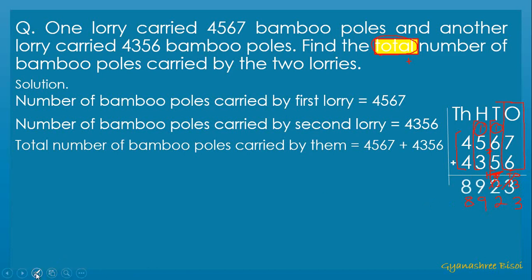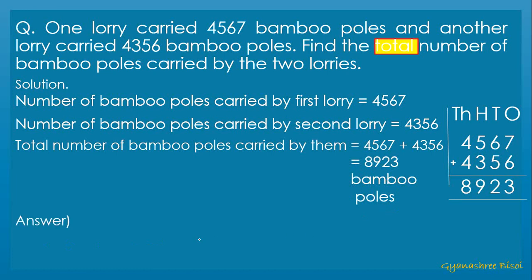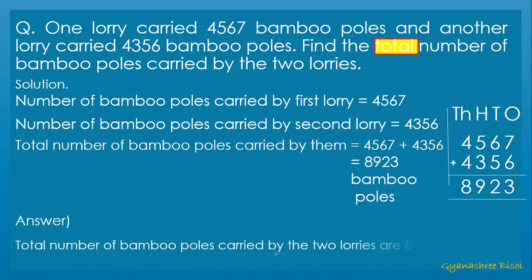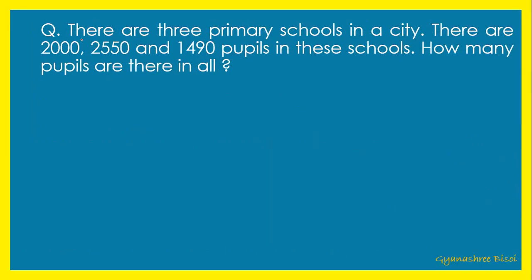So the answer is 8,923 bamboo poles. Answer: total number of bamboo poles carried by the two lorries are 8,923.